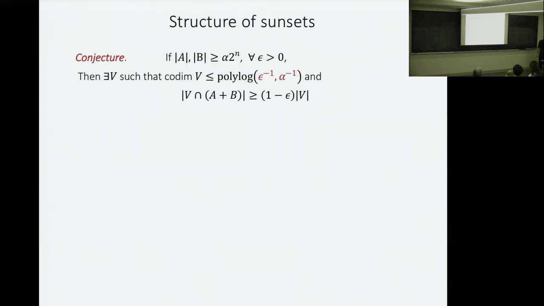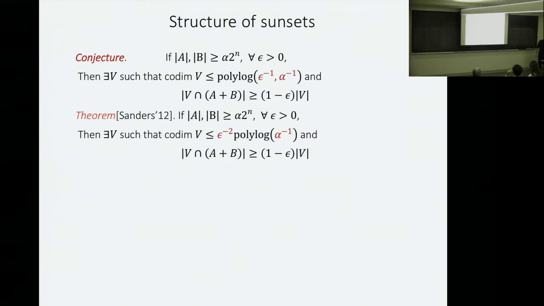All we know is the following result of Tom Sanders, that the dependence on epsilon here is epsilon to the minus 2 outside of the polylog, which just corresponds to an application of the Chang theorem. But what we were really hoping for was epsilon to be alpha, right?